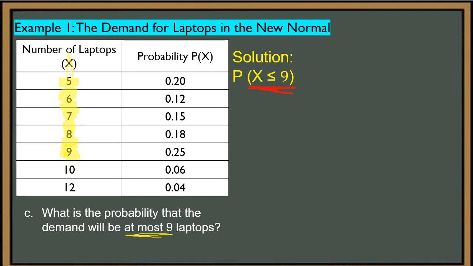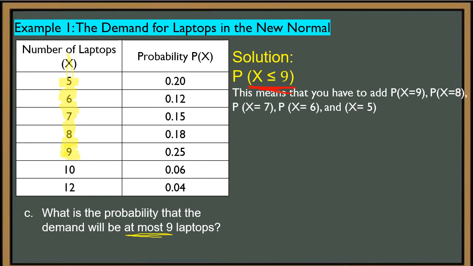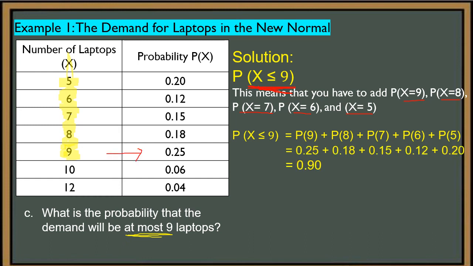Now, how do we get the probability that the demand will be at most 9 laptops? This means that we have to add the probabilities of 9, 8, 7, 6, and 5. The probability of 9 is 25 hundredths. The probability of 8 is 18 hundredths.